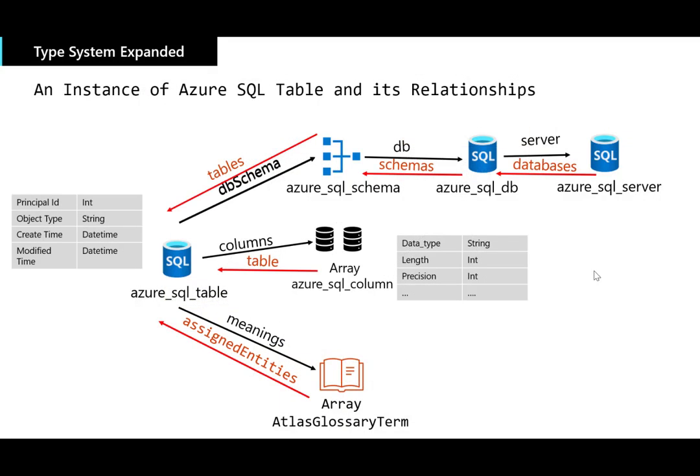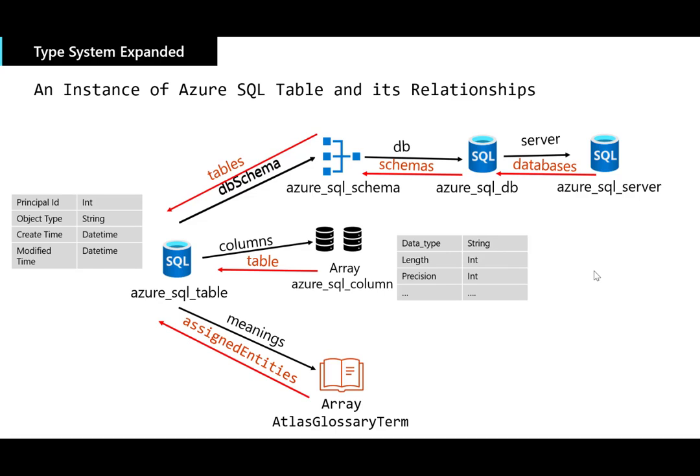Let's dive into an actual example, and I've mentioned Azure SQL Table several times, but we're going to go into a deep dive here. So when you create an Azure SQL Table, you have access to 4 attributes in addition to what you inherit from the data set, right? So data set gave us name, it gave us qualified name, it gave us description, and it gave us the concept of owners or contacts.